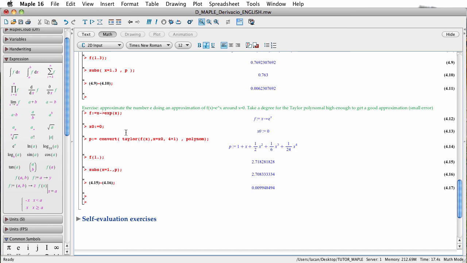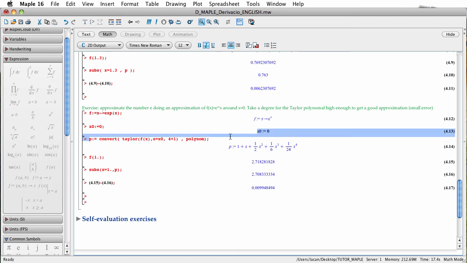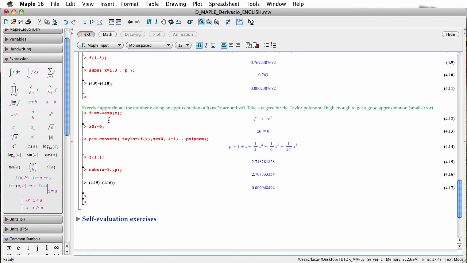So the idea is that we can compute the Taylor polynomial, and to evaluate f of 1, I need a computer, because I don't know how to compute the value e without a calculator or a computer. But now, if I give you this polynomial, you can evaluate it at 1 and do the computations by hand. So let's increase it a little bit more, and you will see that the error is decreasing.